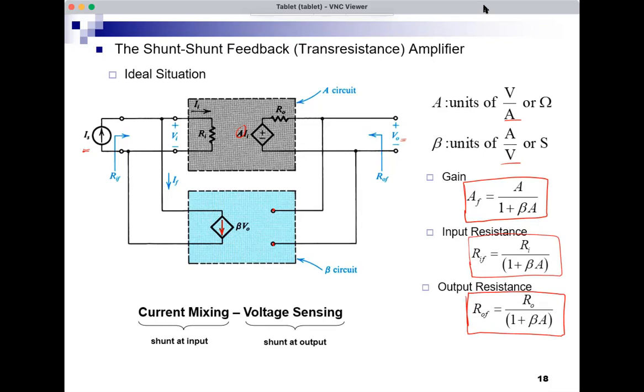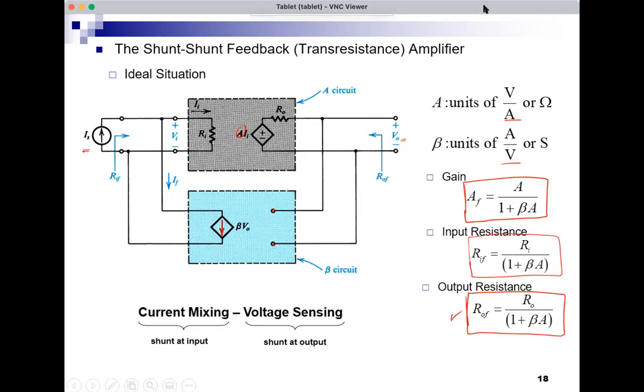So the input resistance becomes smaller because of feedback, and the output resistance also becomes smaller. And these are the right directions for this kind of amplifier. Because the output quantity is a voltage, I would like the output resistance to be as small as possible. So that's good, because the output quantity is a voltage.